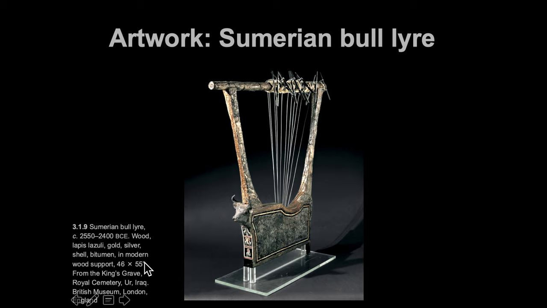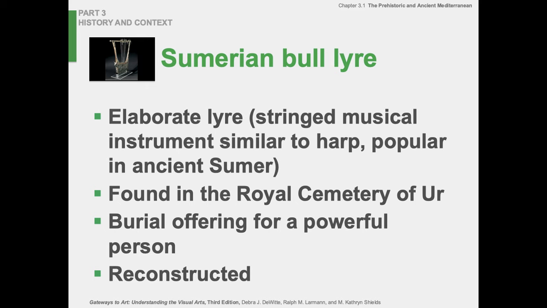So this is an instrument, and it survived because it was in a grave, the king's grave. So it's very popular. So it's similar to a harp, and it was found in the cemetery, but it's also a lute. I'm sorry, a lute is the guitar. I got my things mixed up. I beg your pardon. A lyre is the harp, lute is a guitar, and it was reconstructed.